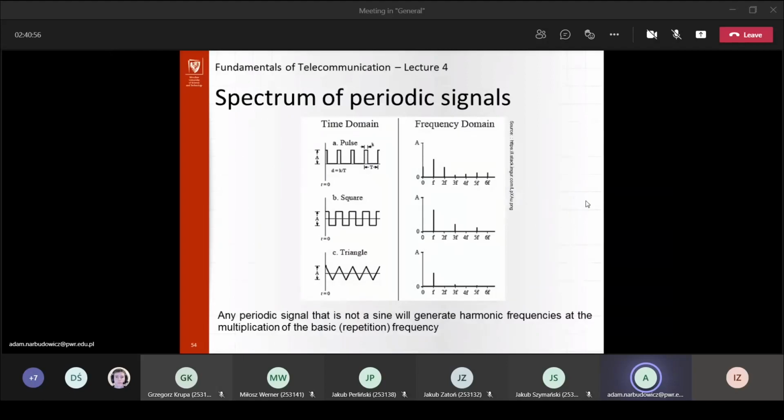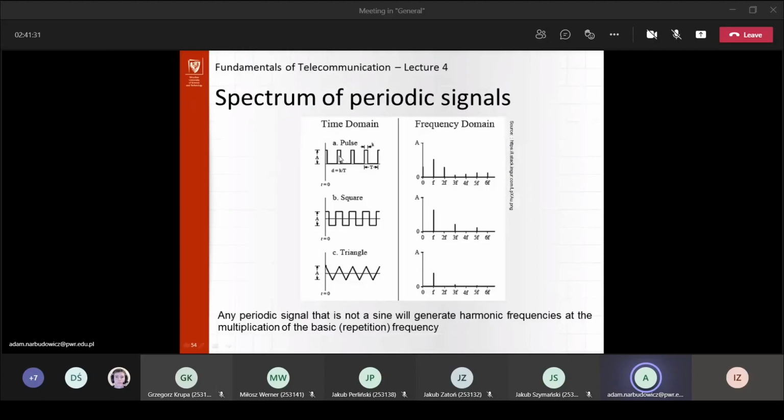Okay. Now, when we move to the periodic signals, typically when we have periodic signals, it will generate certain harmonic frequencies, which are at the multiplication of basic repetition frequencies. So for example, if you have the rectangular pulse here, it will be, of course, a superposition of an infinite number of sine functions.